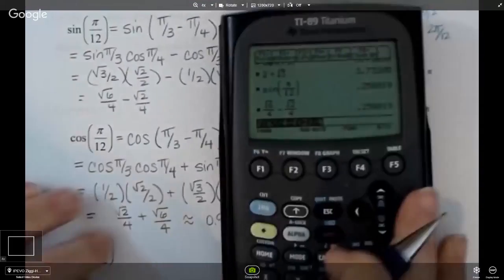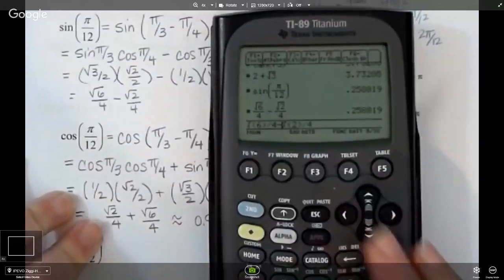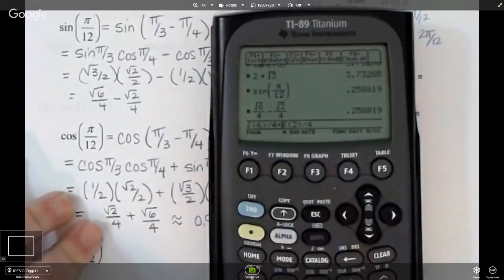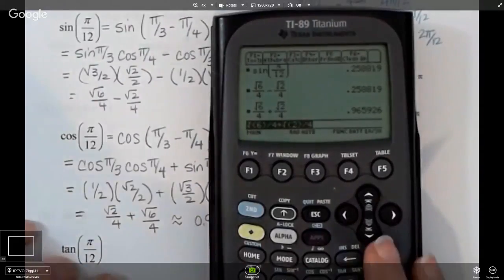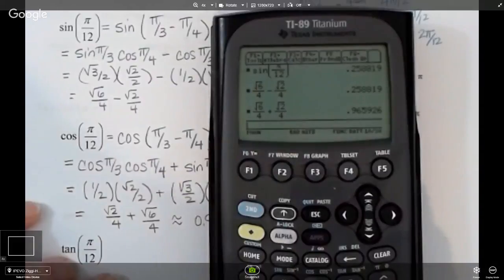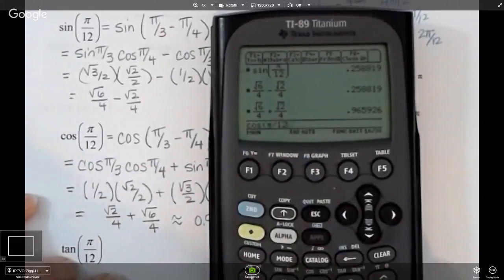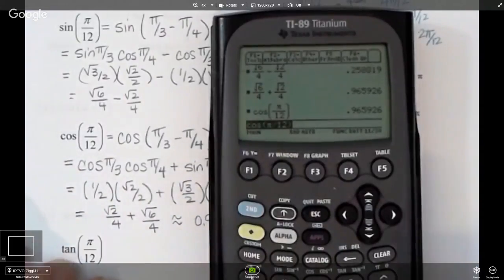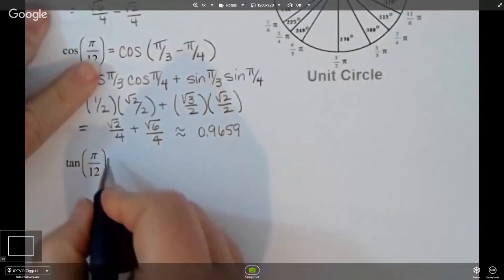If we look up here, I'm going to change this to a plus sign. There it is, 0.9659. And if I clear this out and do the cosine of pi divided by 12, we get 0.9659.